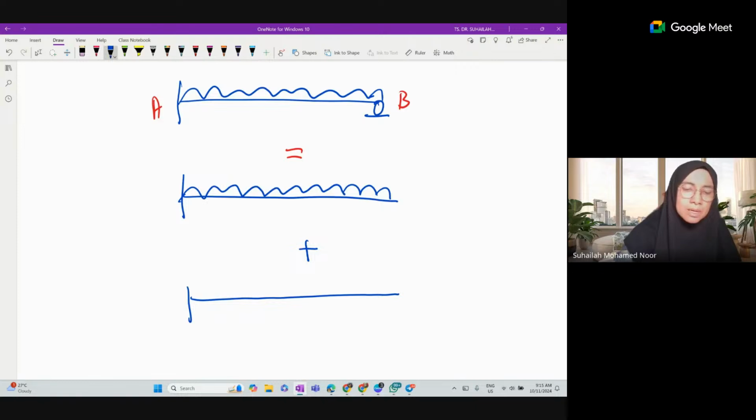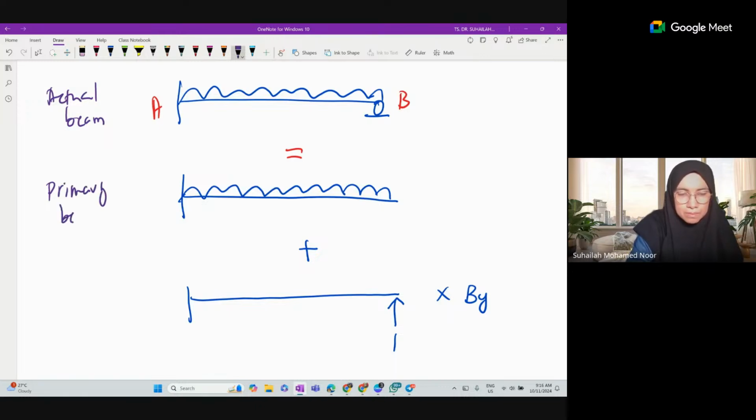Both are determinate beams. The redundant beam carries a unit value of By. So we label them: actual beam, primary beam, and redundant beam. This redundant beam can be written as redundant By applied.